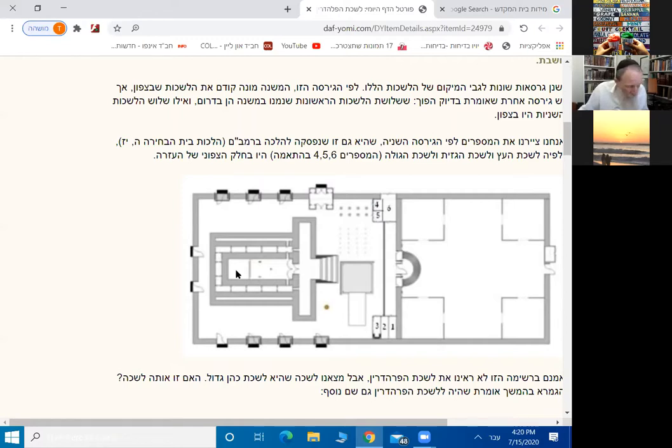That's here. Can you see my pointer, by the way? Yes, good, okay. Then there has to be in front of the Kodesh a place which is called the Ulam. That's this, the Ulam. All three of these things together, this is called the Heichal. This whole thing is called the Heichal.